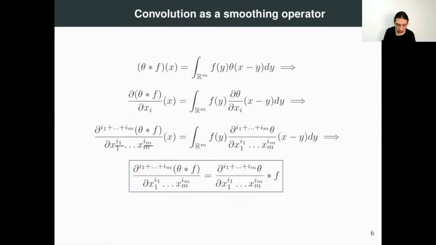But now, since all the derivatives of all orders of the convolution exist, that means in particular that the convolution is C infinity. Okay, so we get in this way that the convolution provides a C infinity map.